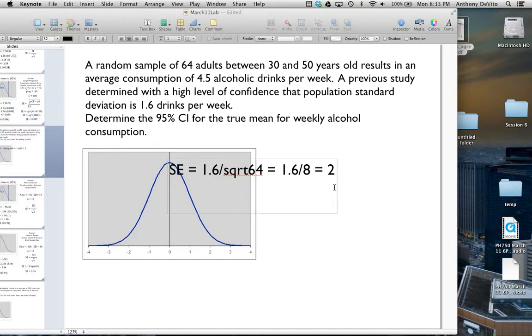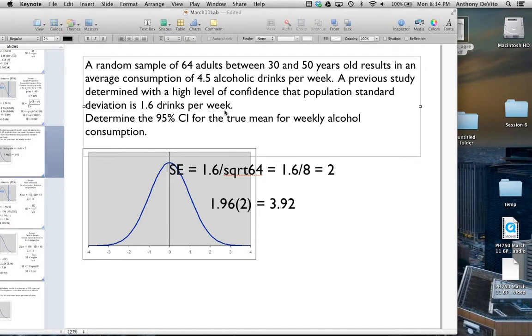We know the population mean, so we can use the z-score 1.96, right? Times the standard error, or 2, is going to be equal to 3.92. So those of you who said 3.92, which is the majority of you, were correct on that.